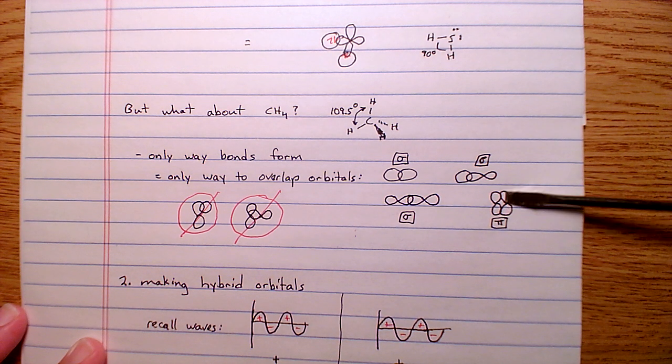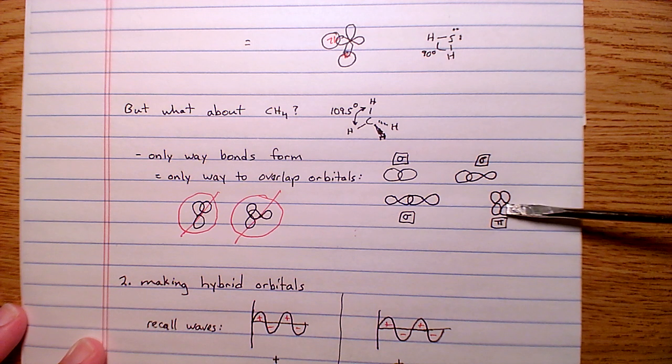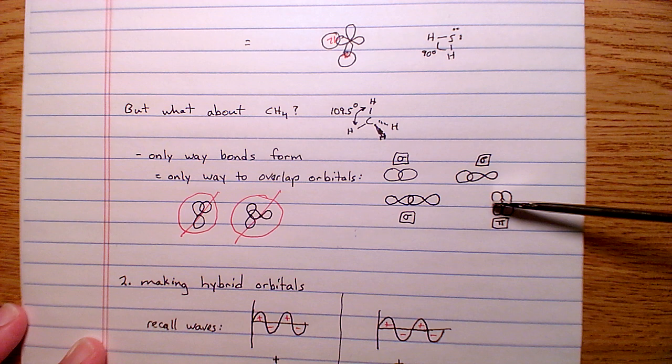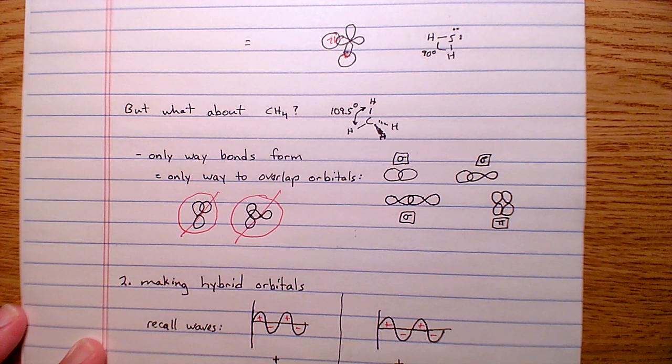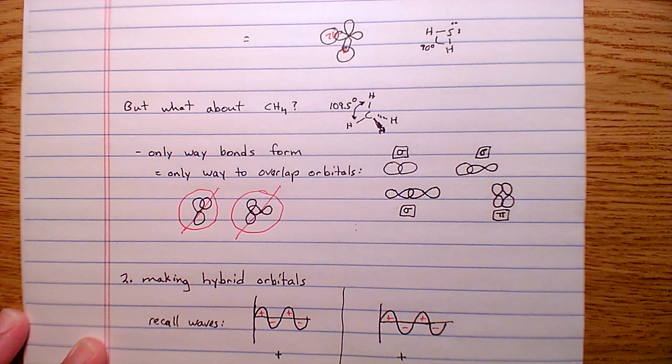Bad things would happen. You could see that this is overlapping up top and the bottom, but if I rotate it this way, then these two lobes are coming in and out of the paper. There's no lobes on this other orbital here for overlap, so you can't do that. So you cannot rotate pi bonds, but you can rotate these sigma bonds.